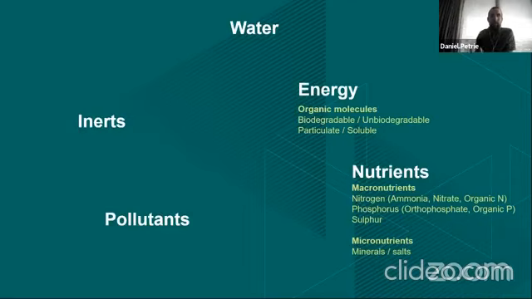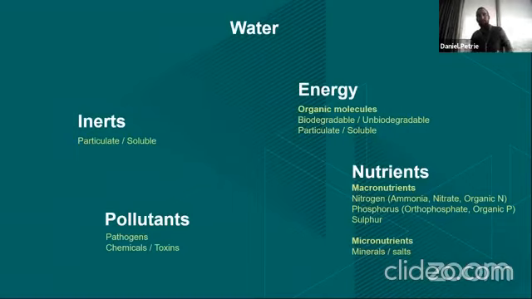And then we look at inert grit and hard plastics and things like that, and pollutants, which include pathogens and chemical toxins. And those might include the more scary things that people are becoming aware of, like hormones or endocrine disruptors or persistent organic pollutants.